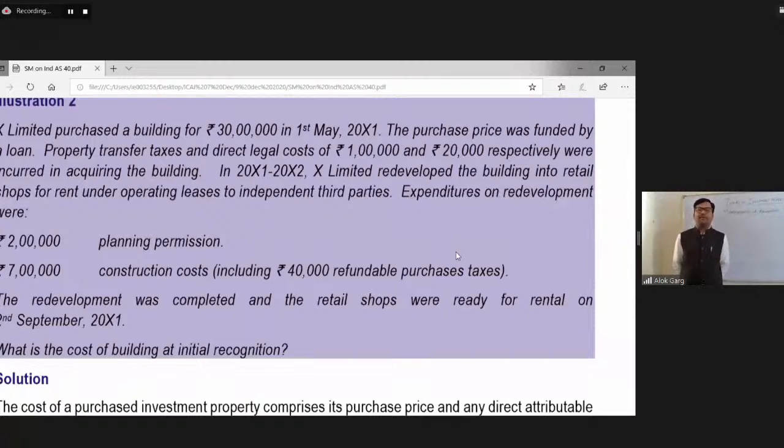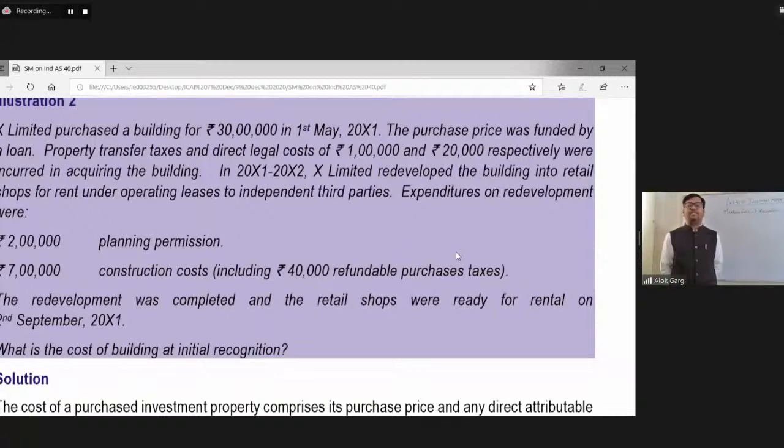Expenditure on redevelopment work: 2 lakh rupees have been incurred by way of planning permission. The company was required to take permission from some legal authorities, and that is why 2 lakh rupees have been incurred. The company has incurred 7 lakh rupees on construction cost, and out of this 7 lakh, it has incurred taxes of rupees 40,000, which is a refundable purchase tax, means the company can claim an input credit for those taxes.